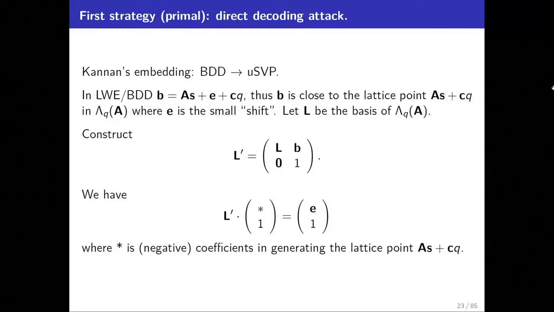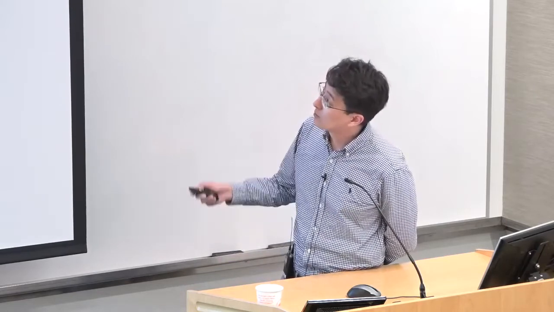Okay. To convert the BDD problem into a unique SVP problem, the standard way is to use the so-called Kannan's embedding, where I expand the mod Q in the LWE problem by rewriting it as B equals AS plus E plus C times Q, where C is some arbitrary vector. The argument essentially says the lattice point AS plus CQ is close to B up to this error vector E, where E is a small shift.